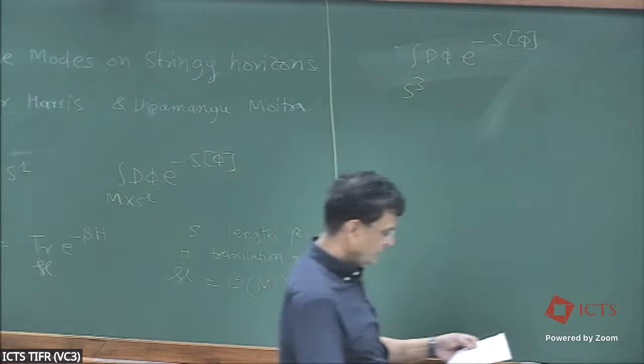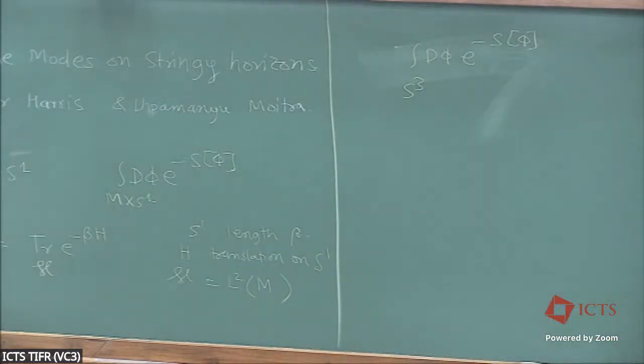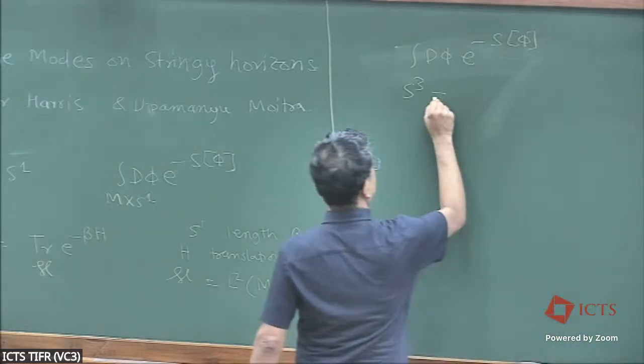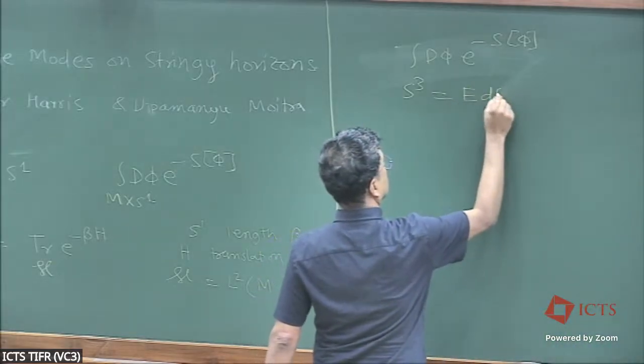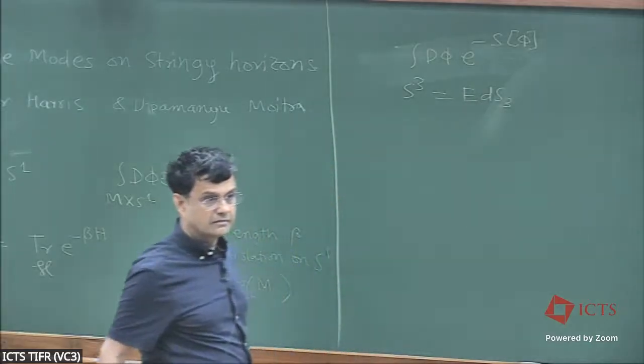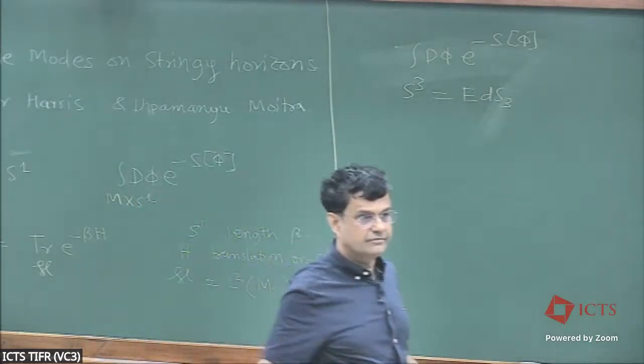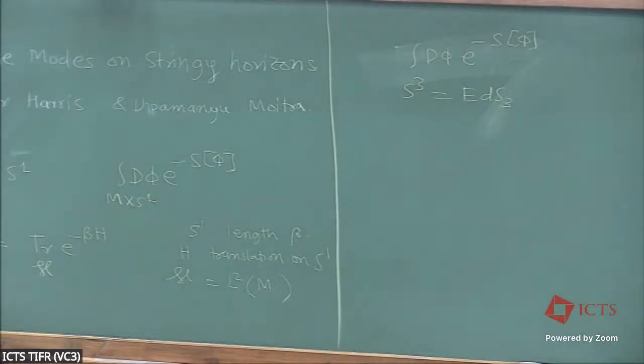But in a series of papers, and notice that this is really like the Euclidean dS3, in general Euclidean dS D plus 1 will be just a sphere.